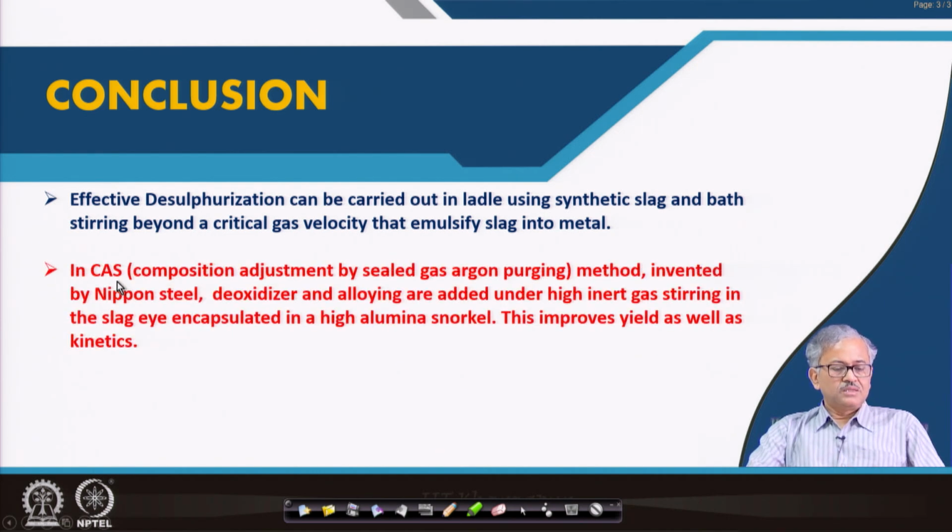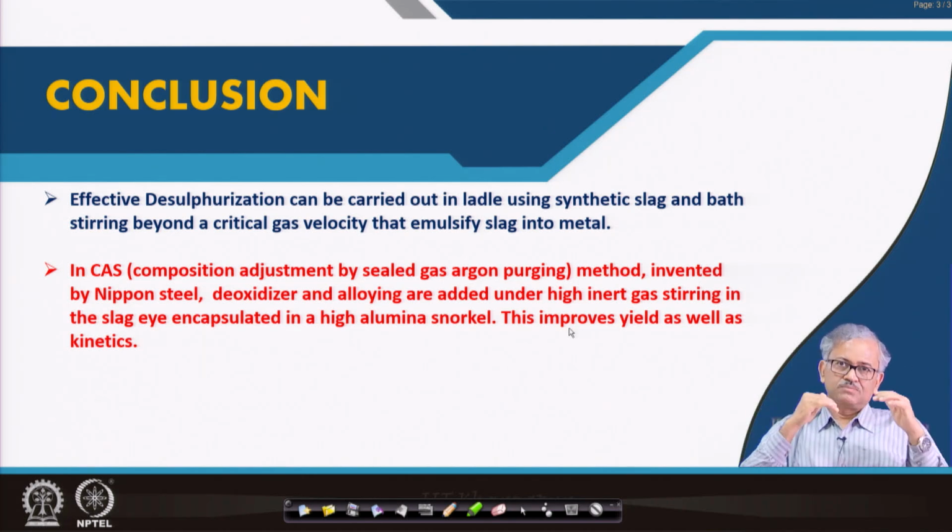Second, in the CAS process there is composition adjustment by argon purging. Here the advantage is that you can carry out very intense stirring, and the slag eye is enclosed in a snorkel, such that the slag eye does not interact with the atmosphere as well as the slag.